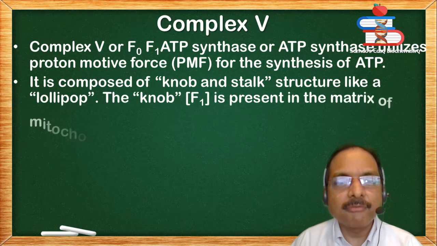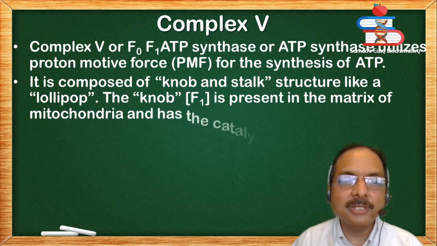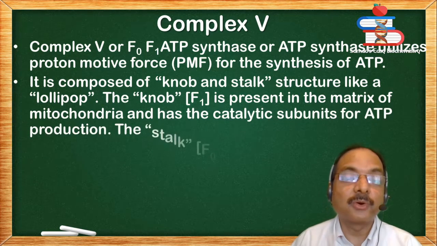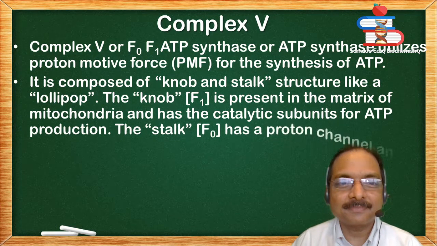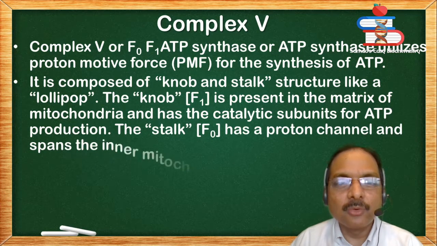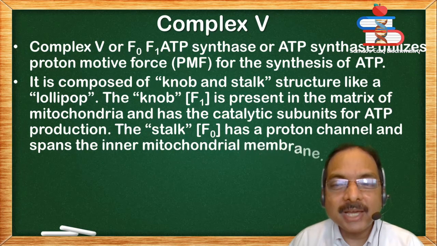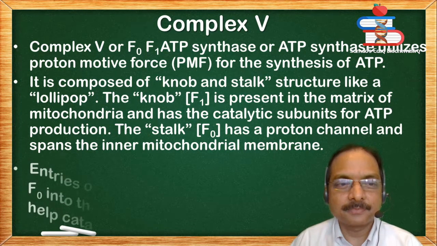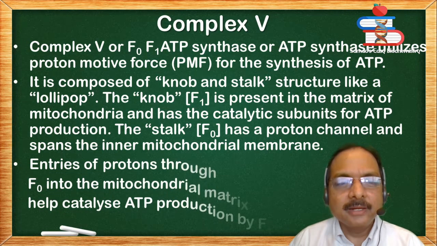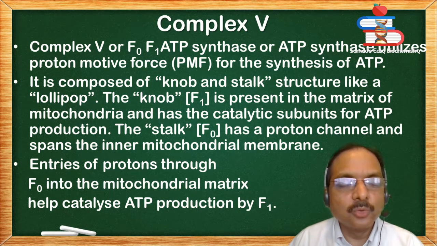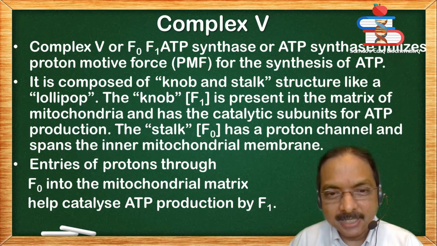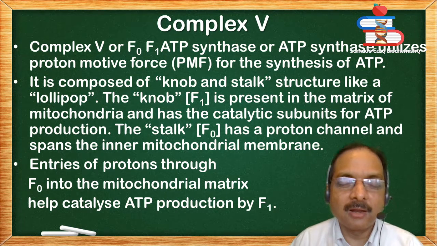The knob F1 is present in the matrix of the mitochondria and has the catalytic subunits for ATP production. The stalk FO has a proton channel and spans the inner mitochondrial membrane. Entry of protons through FO into the mitochondrial matrix helps catalyze ATP production by F1.